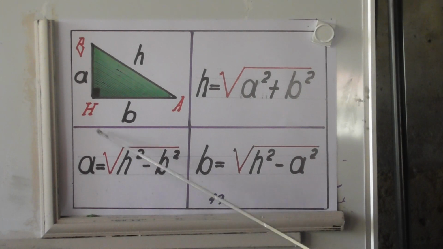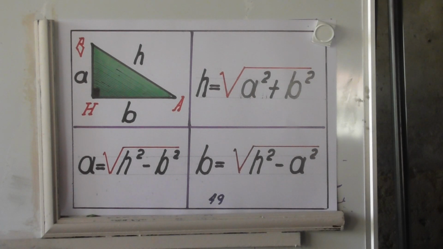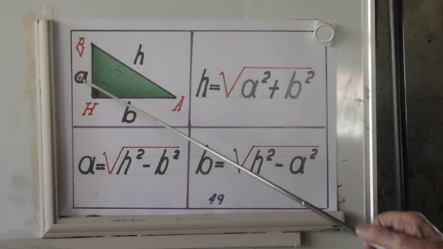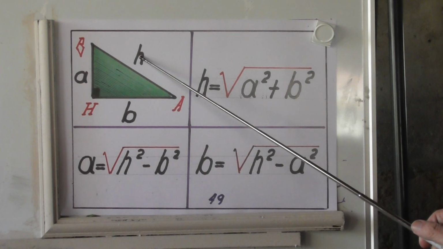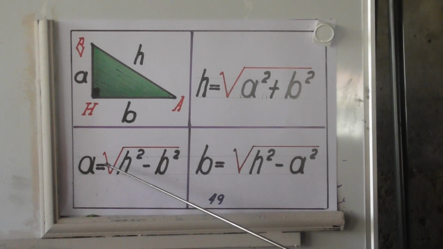And because the a is smaller than this, there's only 3 letters. So if you start with a, you have the h squared, and there's only 1. And because this is a small one, it's negative. And if you start with the b, h squared negative, how can that be difficult?